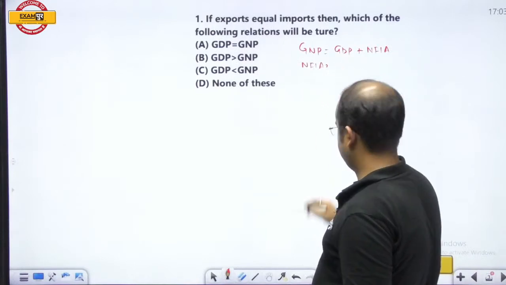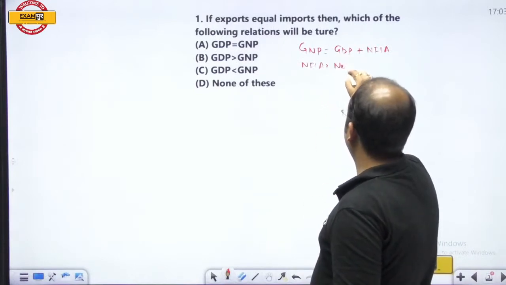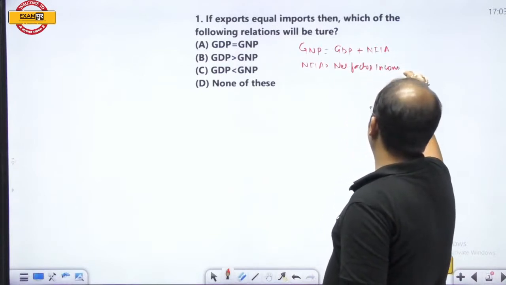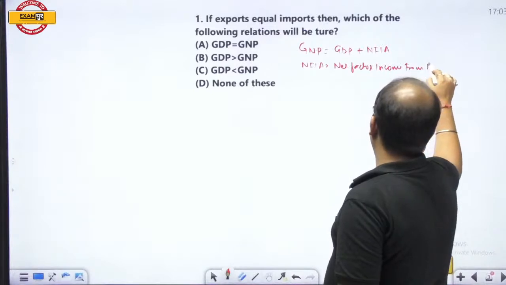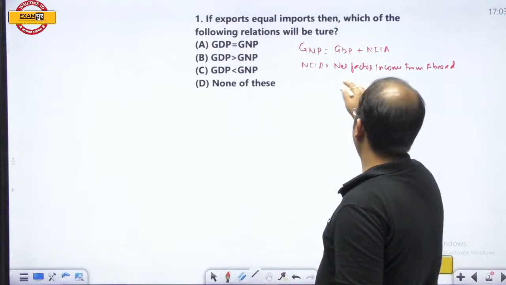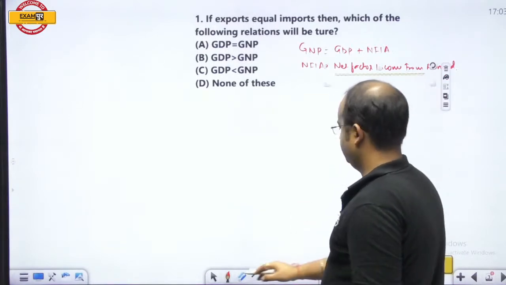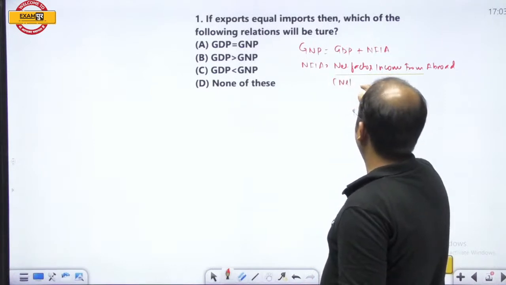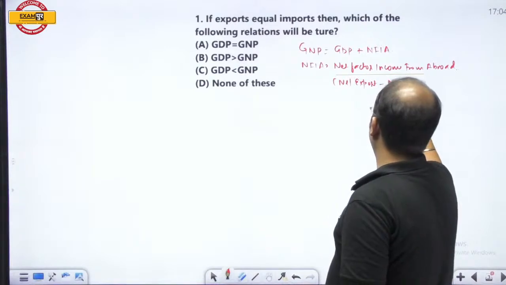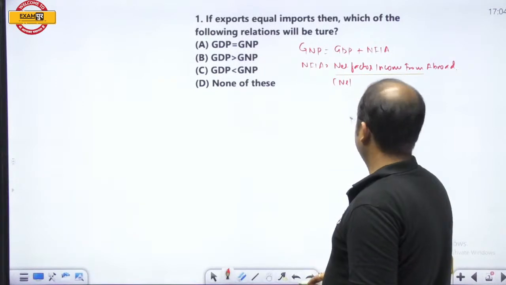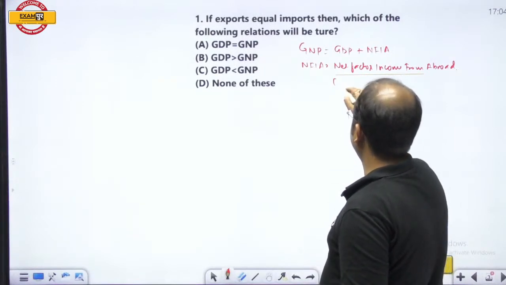Now this NFIA is net factor income from abroad, that is net exports, that is inflow minus outflow of money.